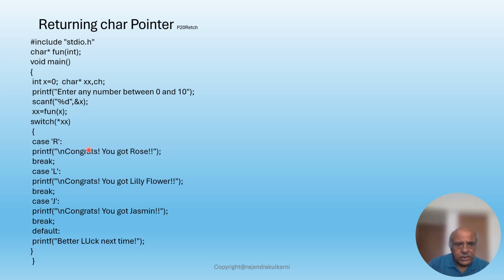Then we make a switch on star xs. What this switch is doing is that star xs will give us the char value returned by the function and collected in this xs, and that char value will be tested in this switch logic.